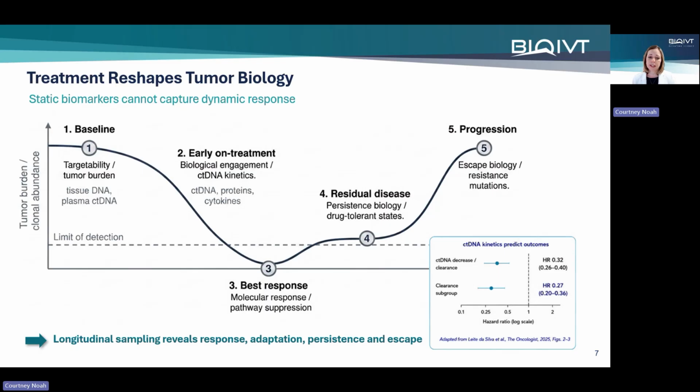This just underscores the relevance of longitudinal plasma ctDNA assessment in predicting survival for patients, particularly in this case, patients with non-small cell lung cancer. So the key lesson and takeaway here is that biology is dynamic and that our biomarker strategies need to increasingly reflect that reality.